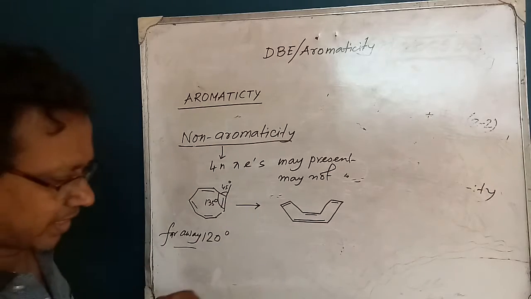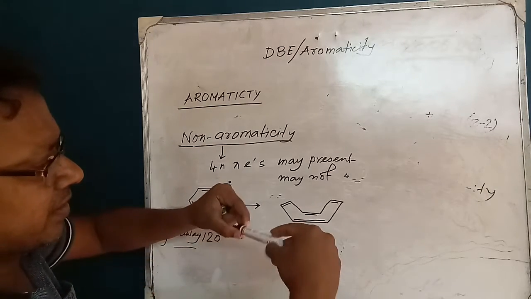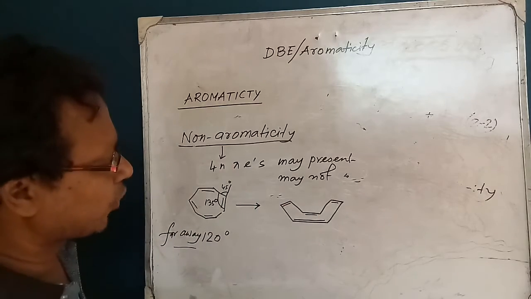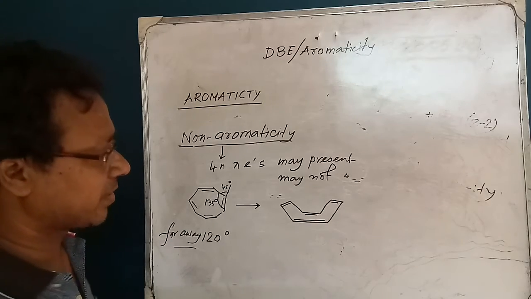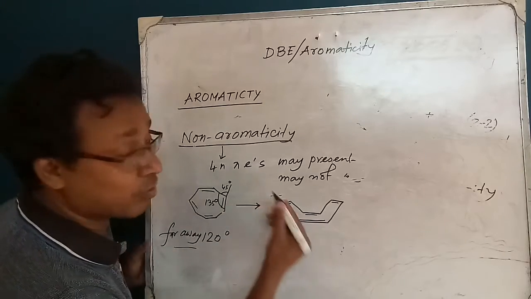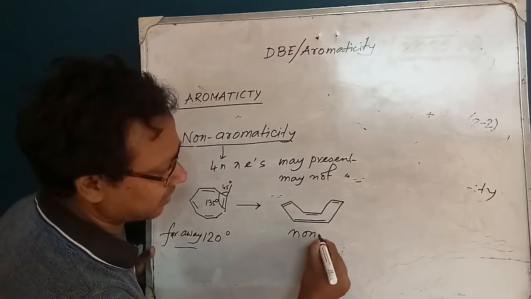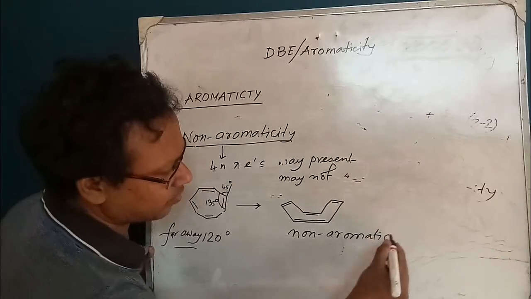Just like this. So planarity is totally destroyed. That's why, though it has 4 pi electrons, it becomes non-aromatic. That's interesting.